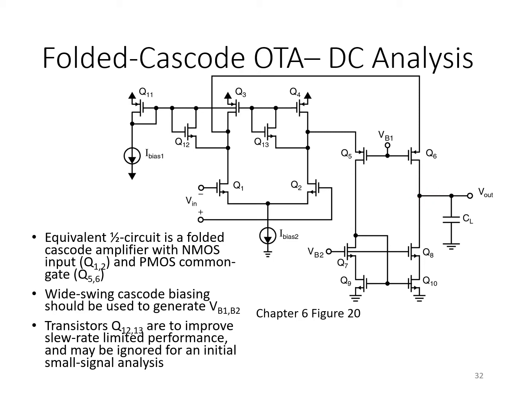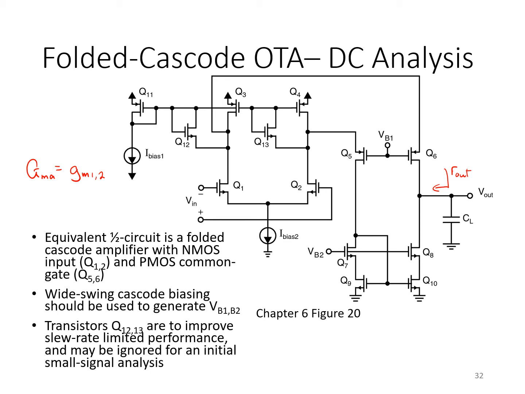So relating it to the first order model of the amplifier we showed on the last slide, the transconductance of this stage, GMA, is just given by the small signal transconductance of the input pair transistors, Q1 and Q2. On the other hand, the output resistance is seen looking into the output.